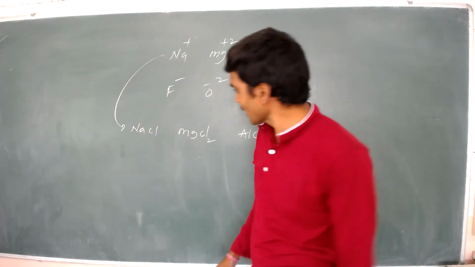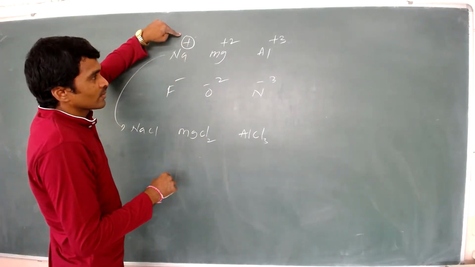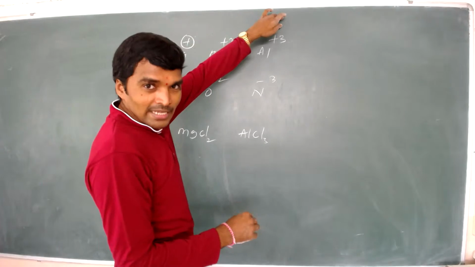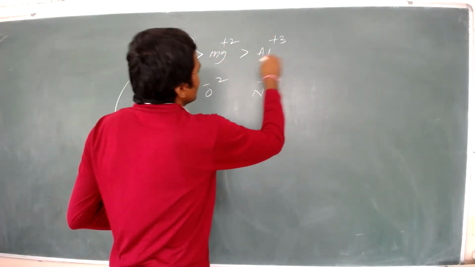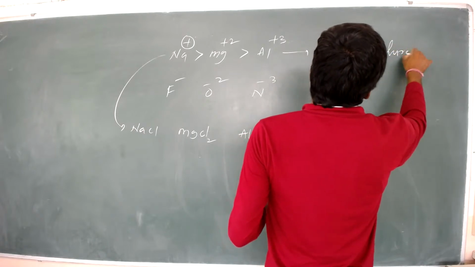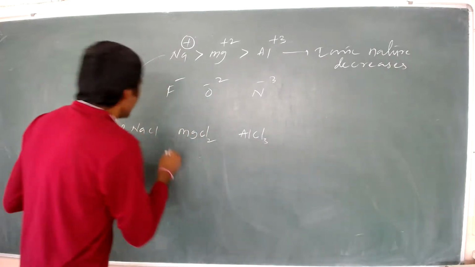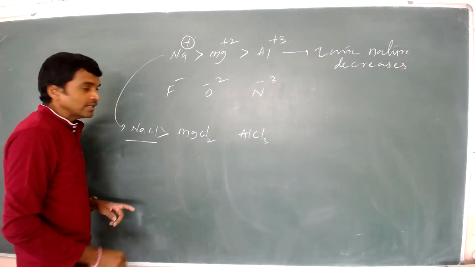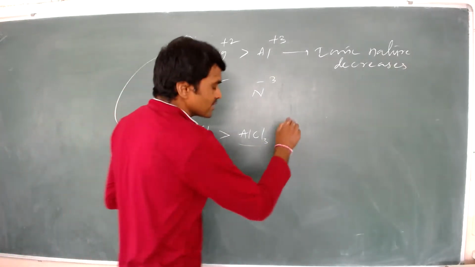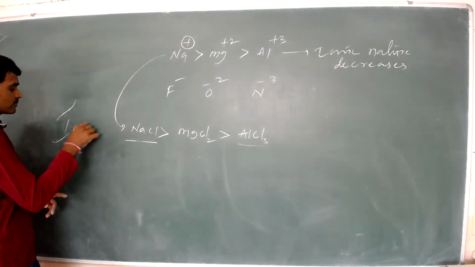Tell me now. See the positive charge. As the positive charge increases, ionic nature decreases. It means that NaCl is the most ionic, then MgCl2, then AlCl3. This is the ionic nature order.